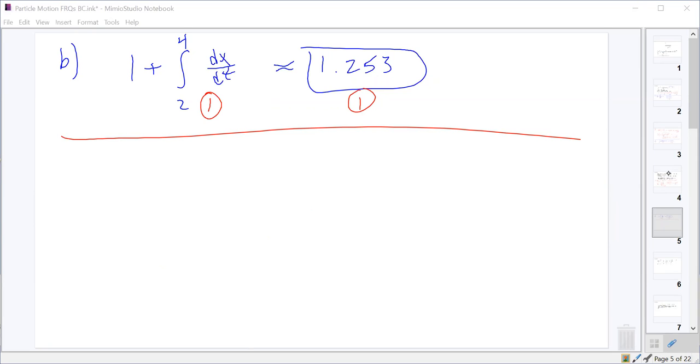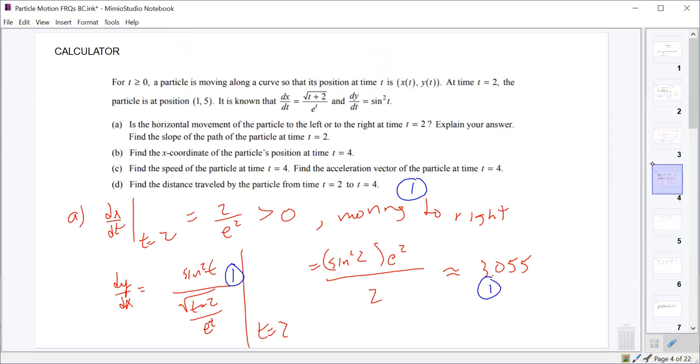All right. Part C, we want to find the speed of the particle at time t equals 4. So very similar to the last one again. Our speed should just be the absolute value of our velocity, which should be our magnitude of our velocity vector here at t equals 4.